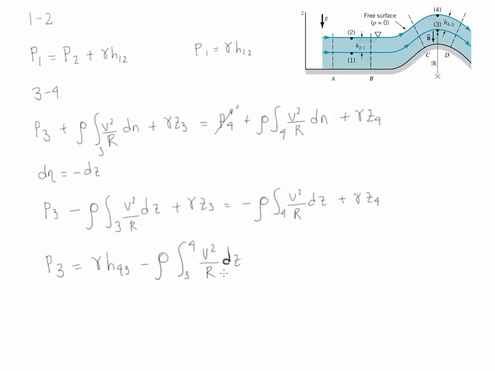Notice that the value of the velocity will be positive, therefore this integral will be negative. Therefore, if we compare the value of P1 to P3, P1 is always going to be higher than P3. And the reason is because point 3 has a curvature effect affecting the path of the particles in that particular streamline.